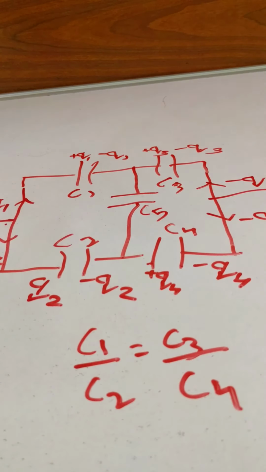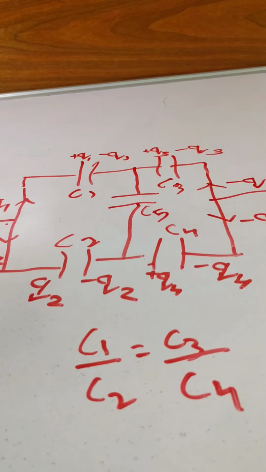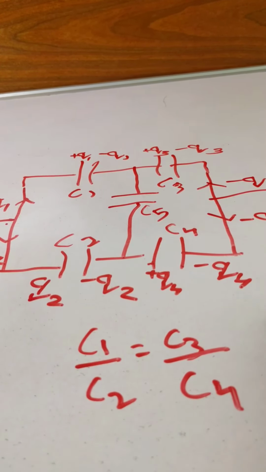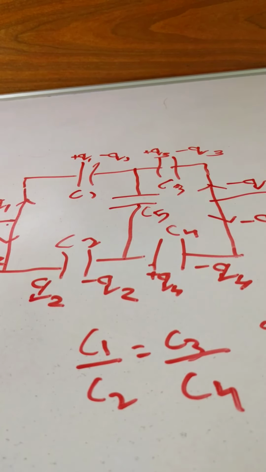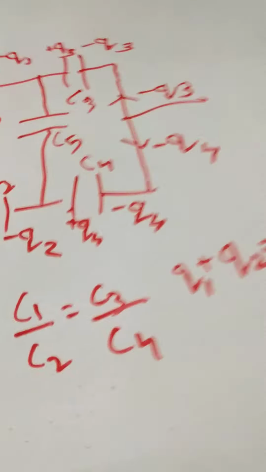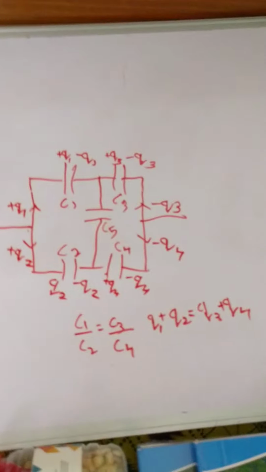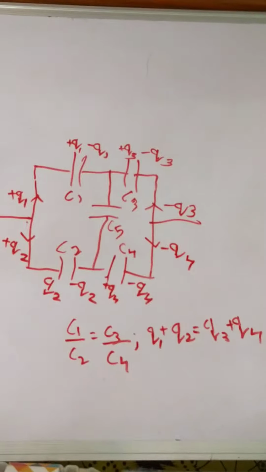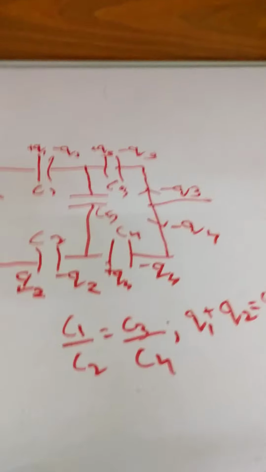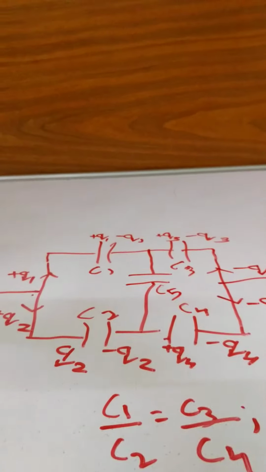I also told that Q1 plus Q2 is equal to Q3 plus Q4. You have noted this down. And there is something called potential difference.